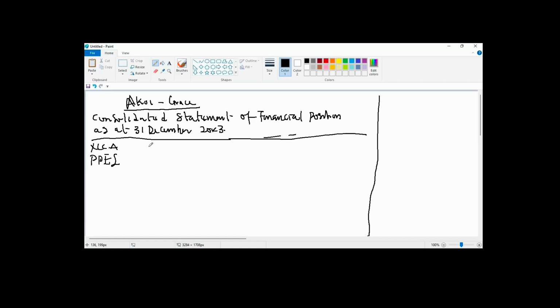PPE of Akoyi Grace, 60,000 plus 45. Next, investment in Zen Nation, 40,000.